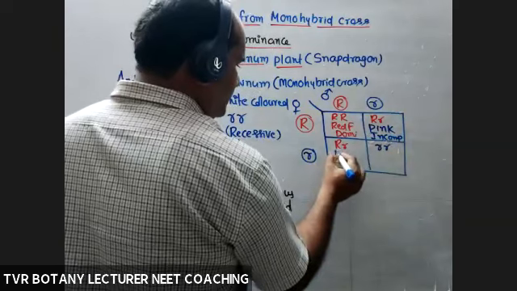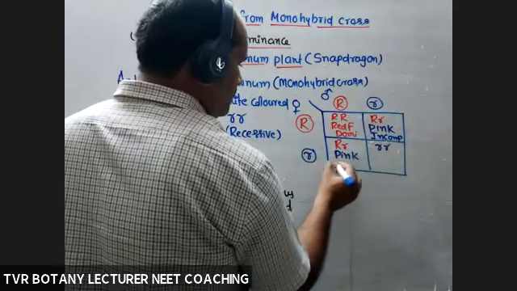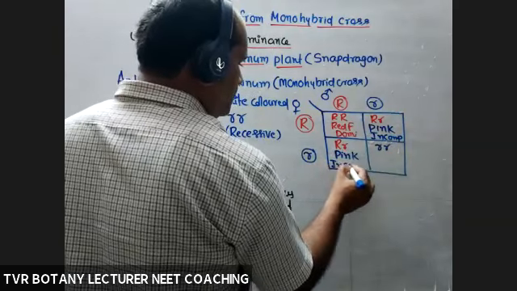Here also pink. Incompletely dominant. And last one, white colored flowers according to Mendel. White colored flowers. So this is about F2 progeny, filial second generation.